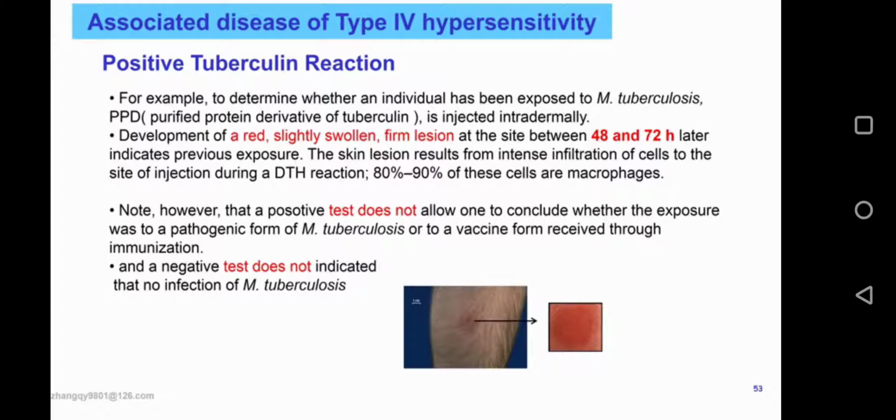Positive means the patient is infected? No. Why? Positive means maybe they have a response, a reaction to the antigen, right? But it does not mean he is a patient.